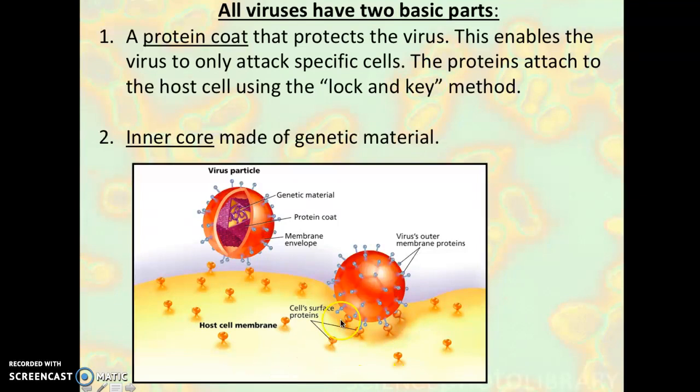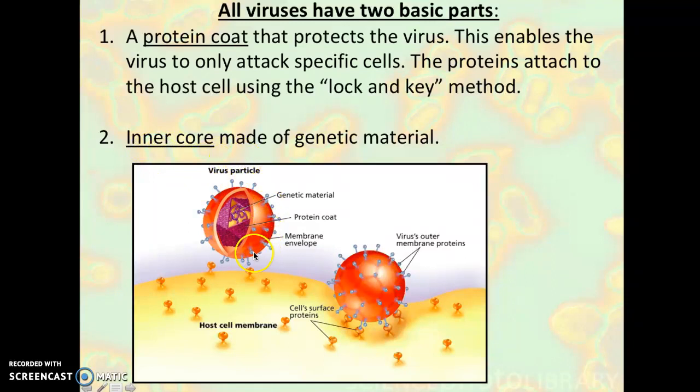So on the picture, let me explain that a little bit. This red, orangish coating here, this is the membrane envelope, and then you've got the protein coating in there. And in the very inside, you've got the genetic material, which is called the inner core.